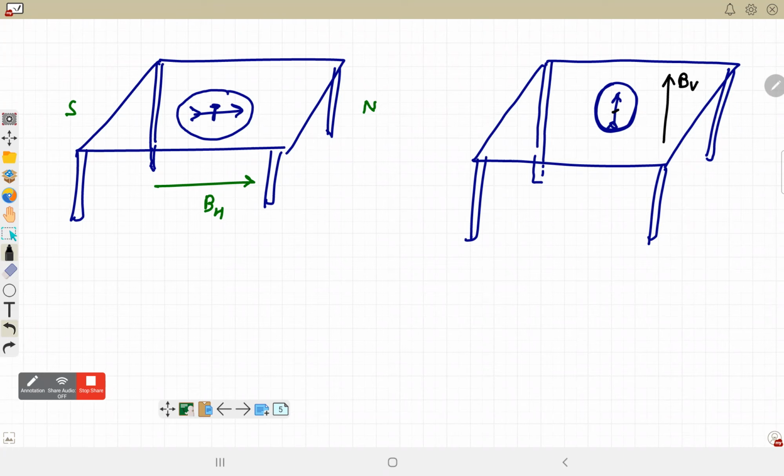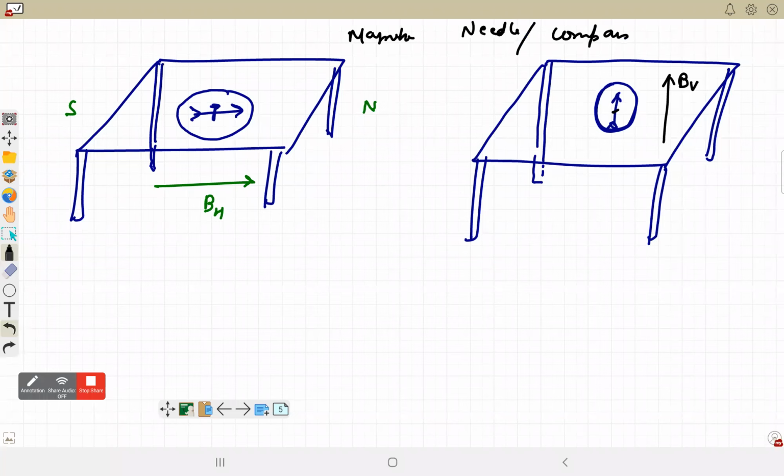BH हॉरिजॉन्टल कंपोनेंट, BV वर्टिकल कंपोनेंट. और अगर वो डिप सर्कल है, दिस इज द निडल, always magnetic needle or compass will align itself in the direction of one of these, either BH or BV, depending upon how it is placed.